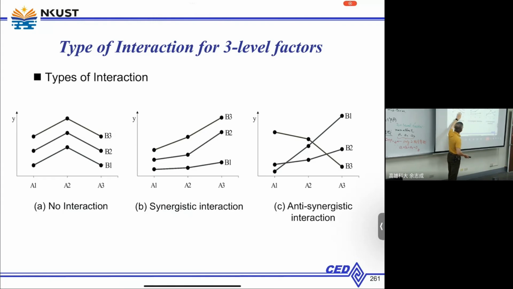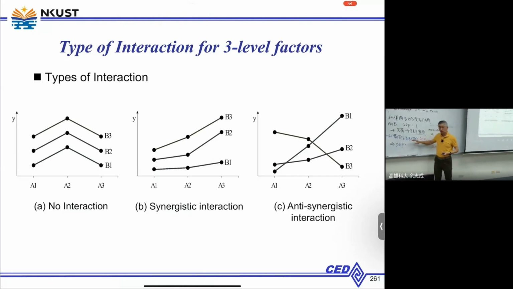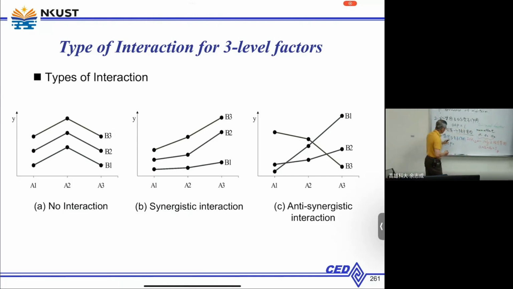Therefore, you have 4 comparisons in total to determine how strong a 3-level interaction is. So we can say that there will be 4 independent variables in the 3-level interaction, or the degree of freedom will be 4.